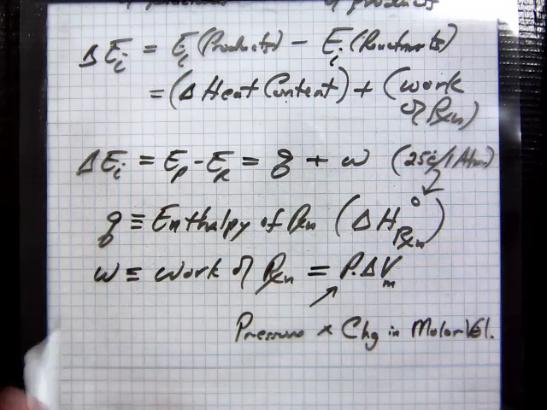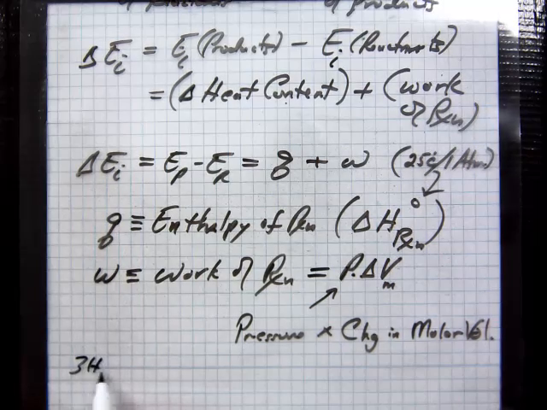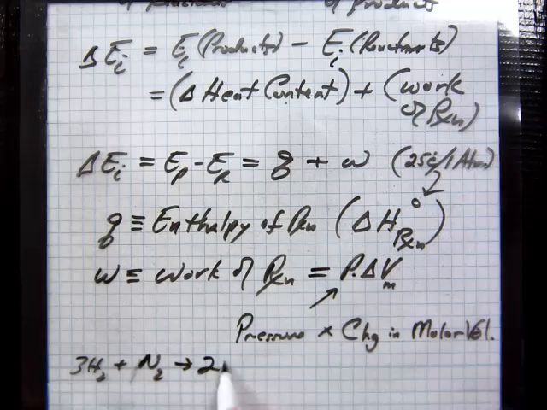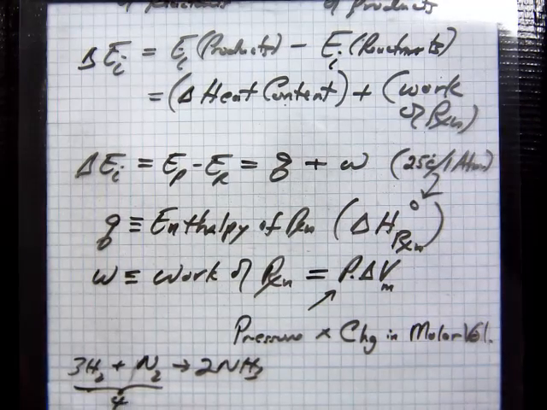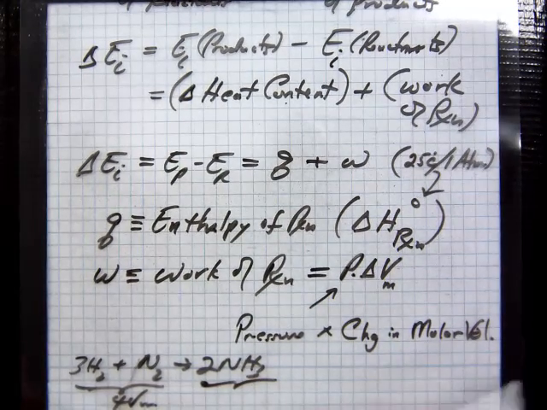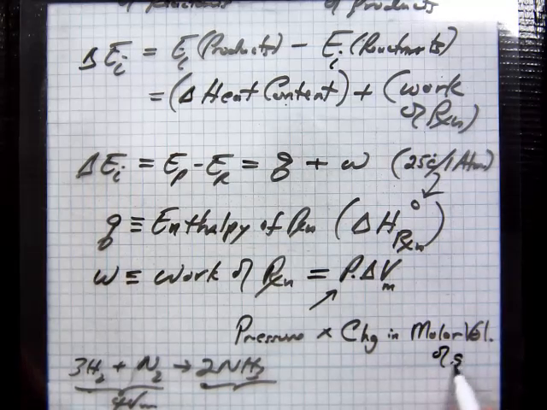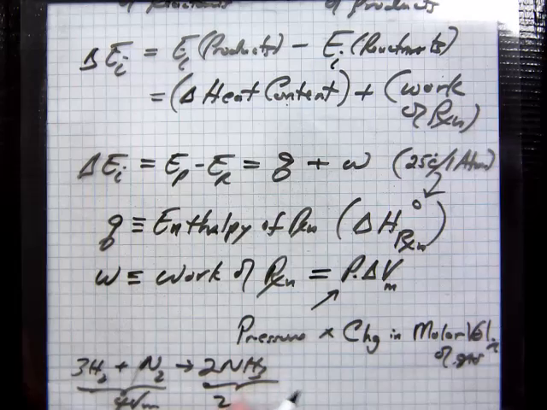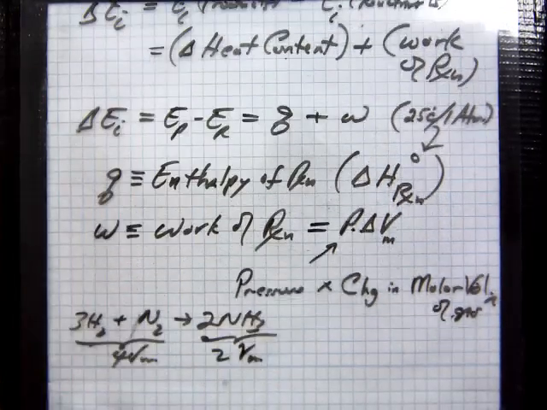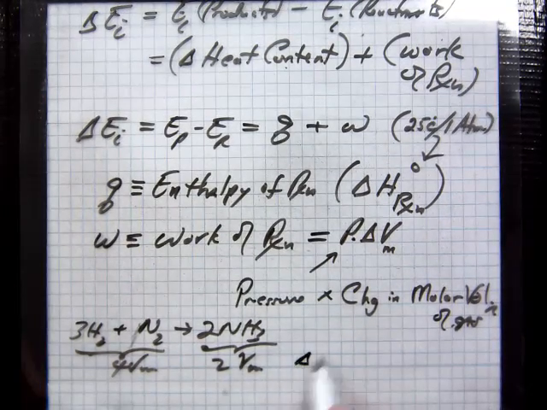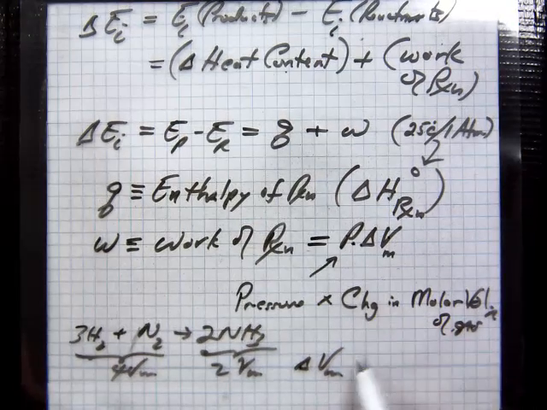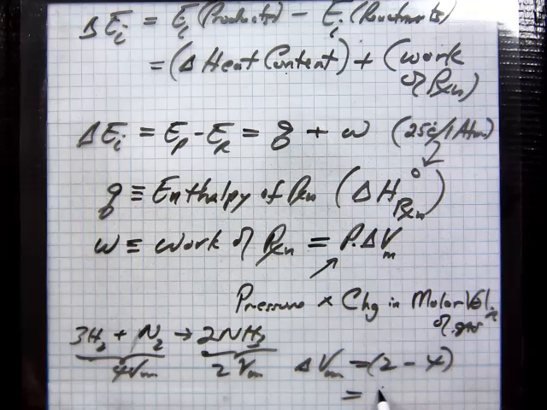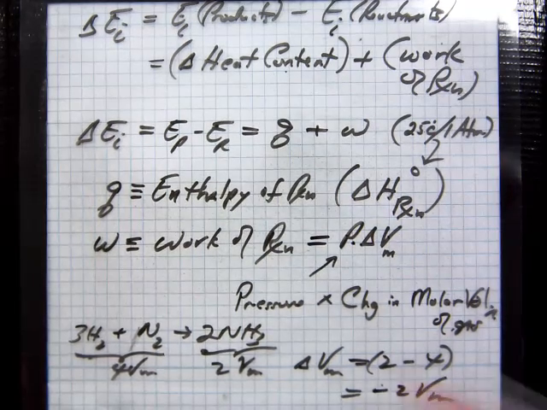So in a reaction, say 3H2 plus N2 goes to 2NH3, you have 4 molar volumes on the left. This only applies to gases. And you have 2 molar volumes on the product side, right there. And so your change in molar volumes, which is what we're talking about here, is 2 minus 4, or a decrease, minus 2 Vm. So overall, that's what it's saying.